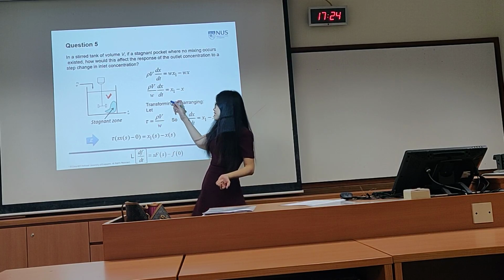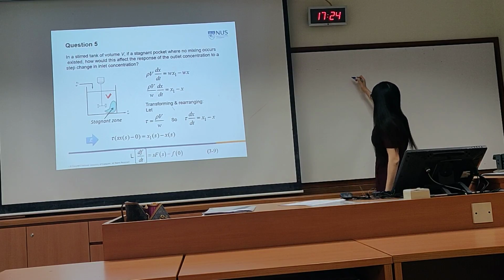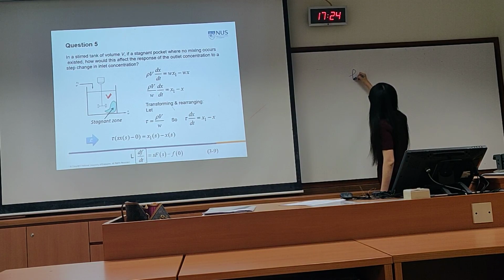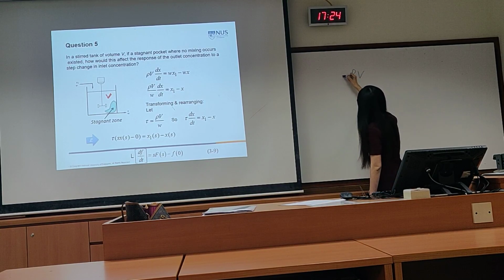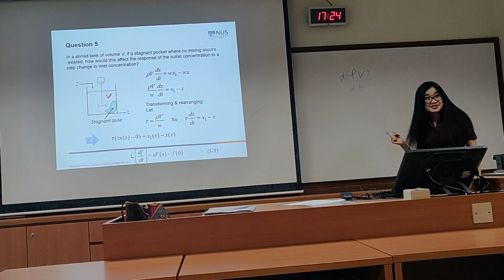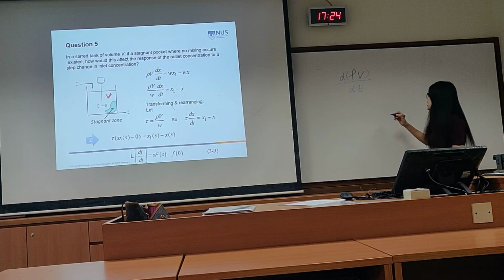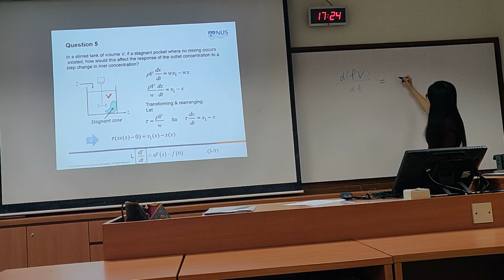But when you do the mathematical writing, you still need to write down the mass balance for the overall system. Because the overall mass equals the density multiplied by the volume. So my accumulation of mass equals d(rho V) over dt to describe the dynamic of the system of the mass change. And again, this accumulation of the mass equals what's the in?